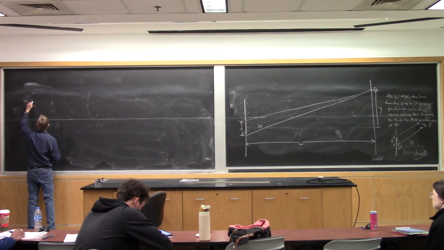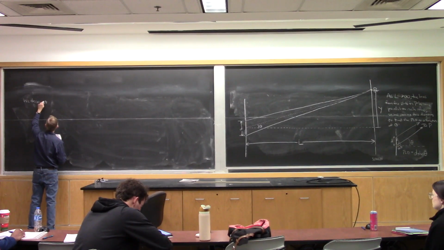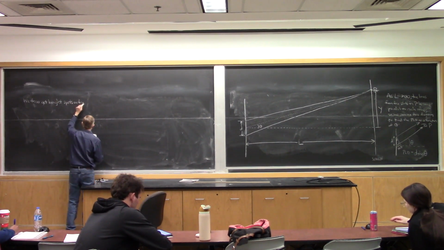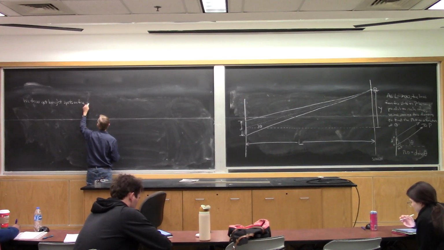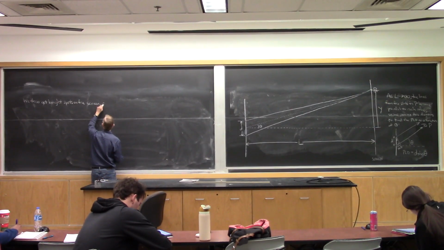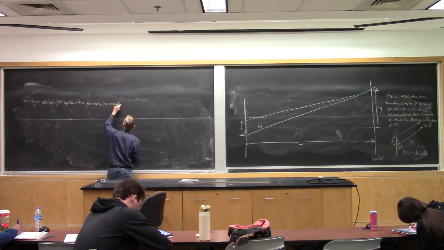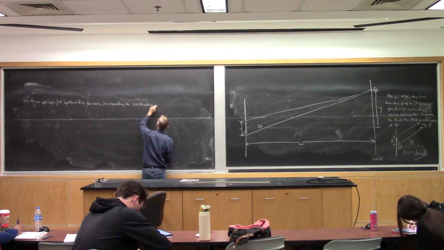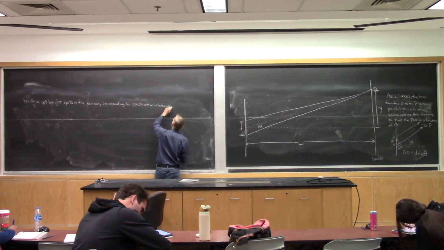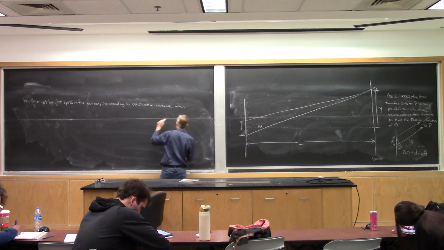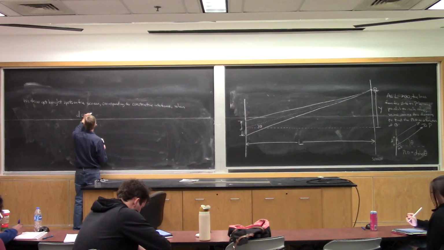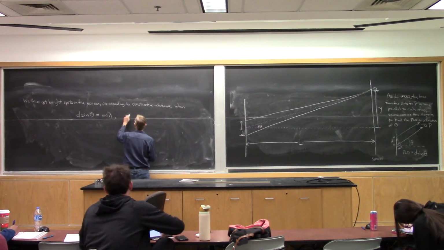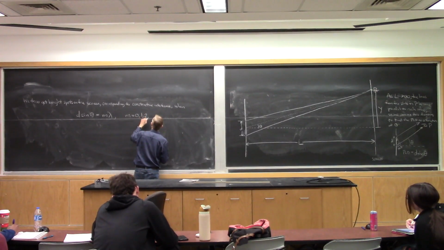So we thus get bright spots on the screen, corresponding to constructive interference, when d times the sine of theta is equal to m lambda, where m is 0, 1, 2, etc.